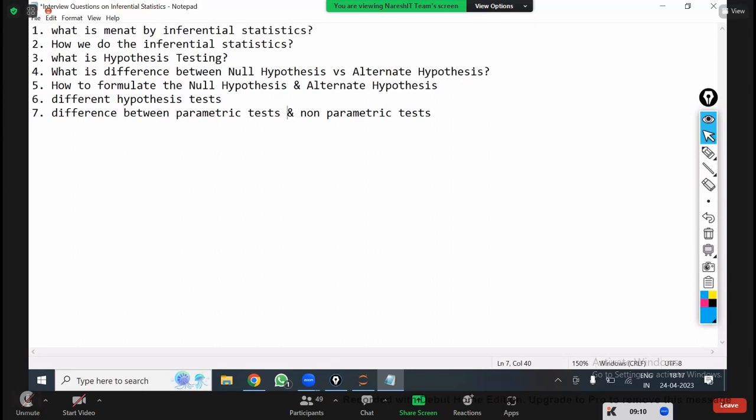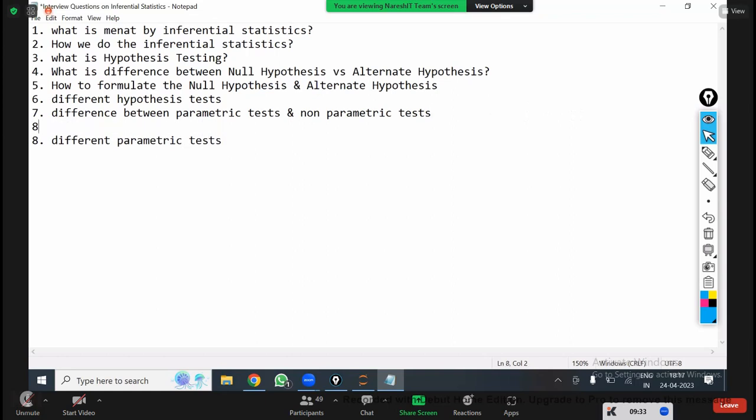Now, how to identify whether the given data is normal or skewed? We have multiple options for that.